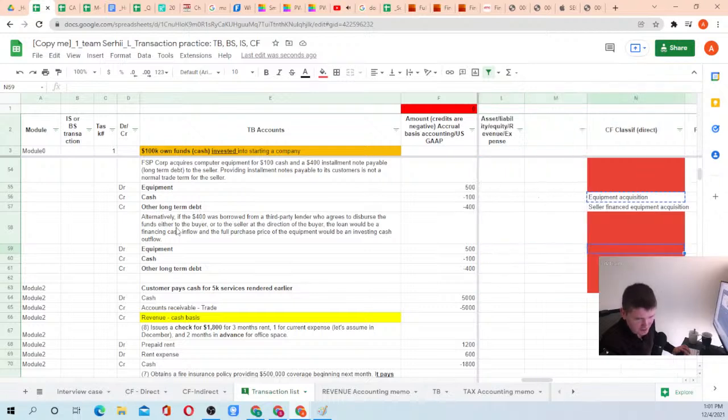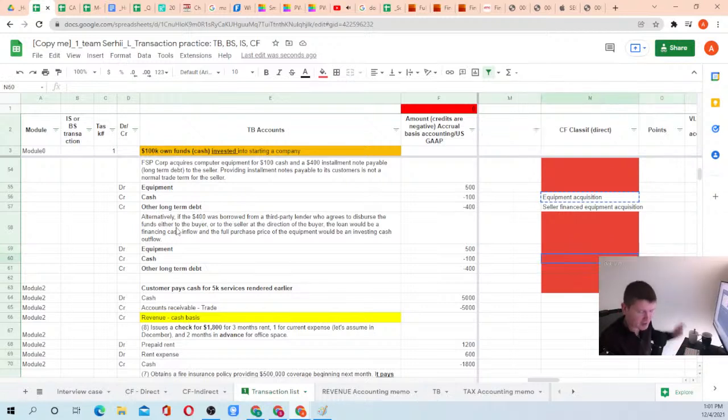So I don't really know how to reflect it correctly in the cash flow. Let me think about it. Yeah, I basically cannot reflect it correctly in the cash flow.